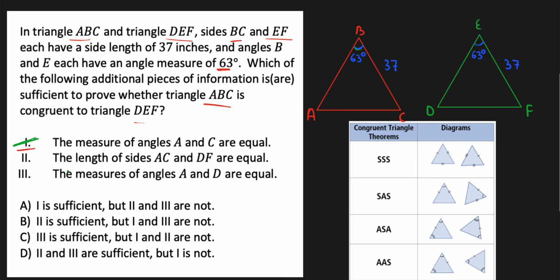Let's take a look at the second option. The lengths of sides AC and DF are equal. So AC is this bottom side and DF is also this bottom side. Let's just say, for example, this is 20 and this is also 20. It doesn't matter which number you pick. Now let's look at the whole picture. What do we have?